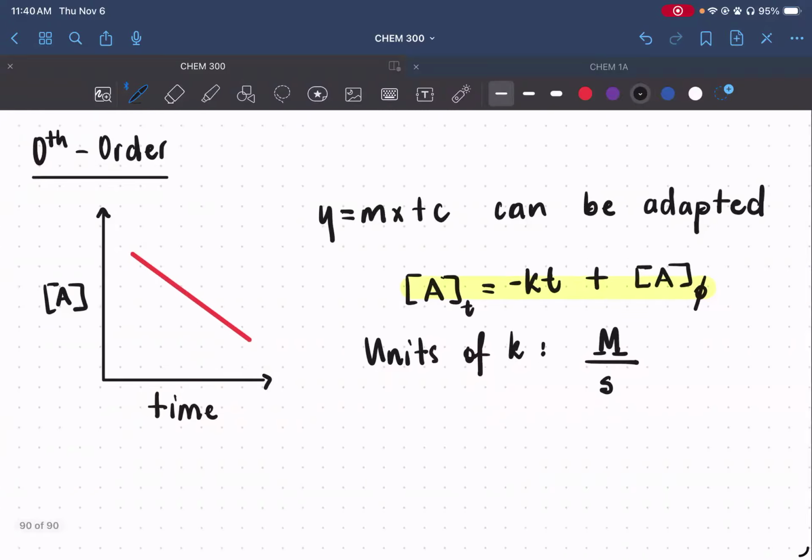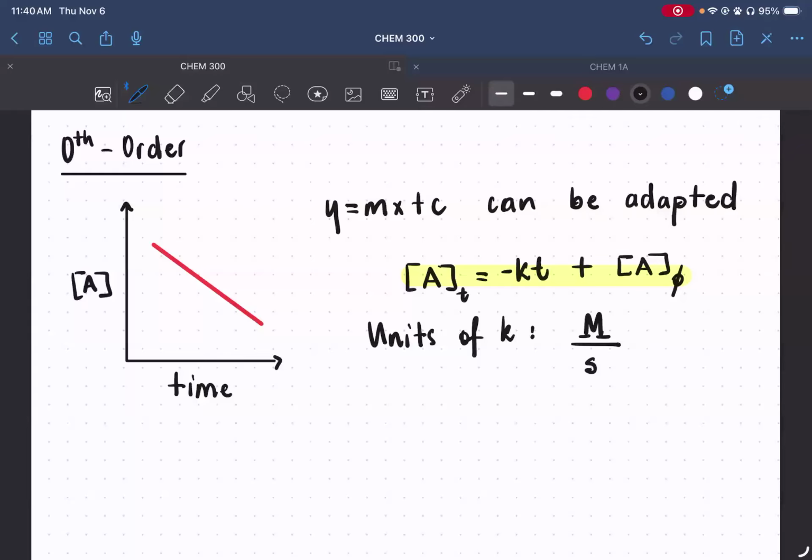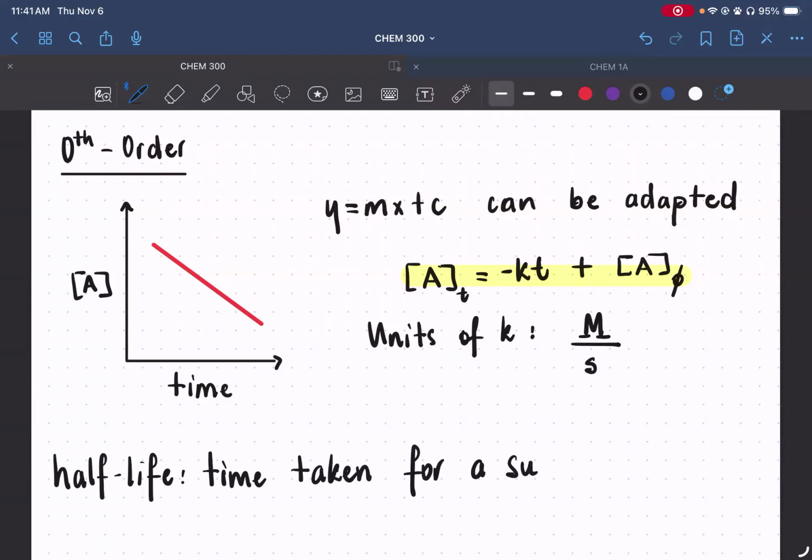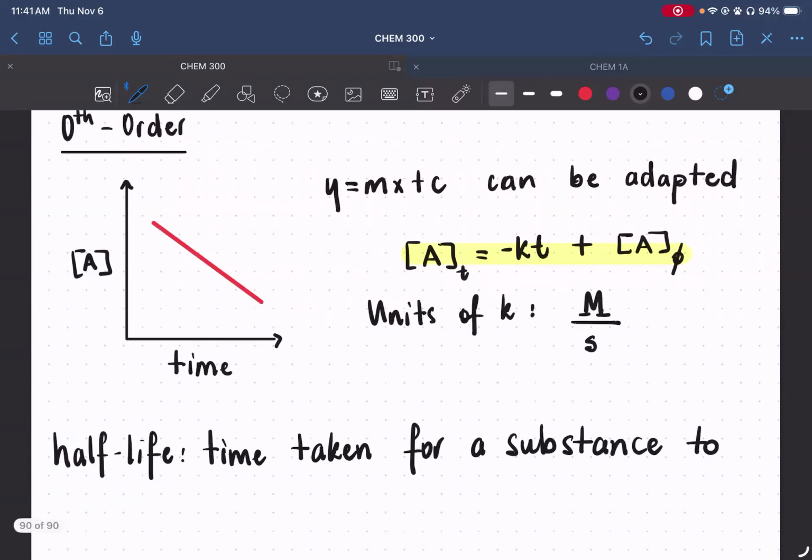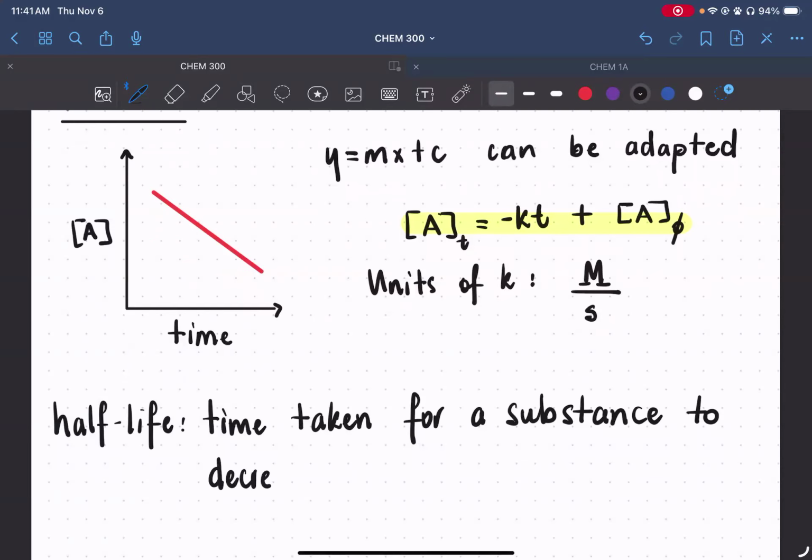But a very interesting concept that arises when we talk about the speed of a reaction is the half-life. The half-life can be described as the time taken for a substance to decrease by half of its amount.